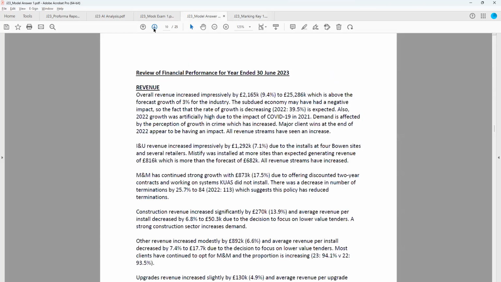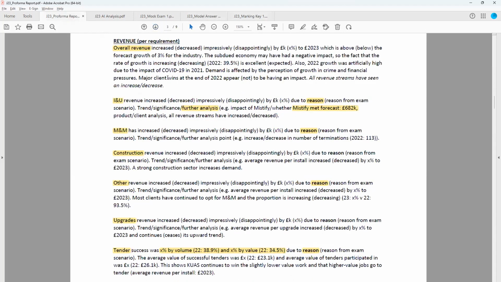So certainly we're going to be focusing on the areas where we have information from the exam paper as to why something has gone up or down. And we've seen quite a few of these already, with ICAEW, certainly with M&M, and we can look at the change in the number of terminations as well.